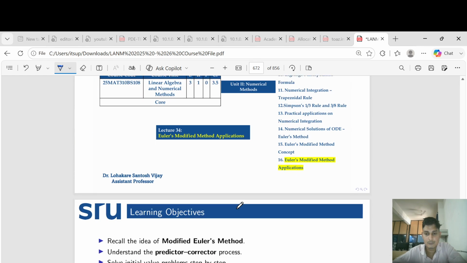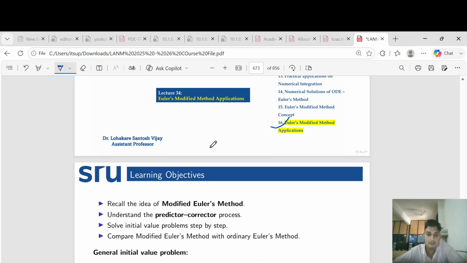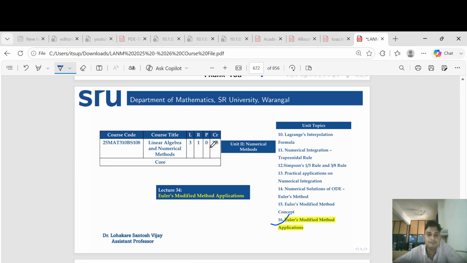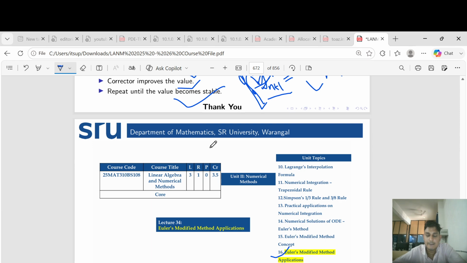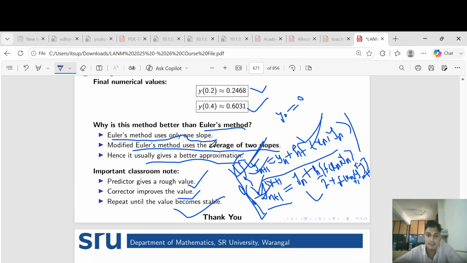We describe the applications of Euler's modified method in the next class.